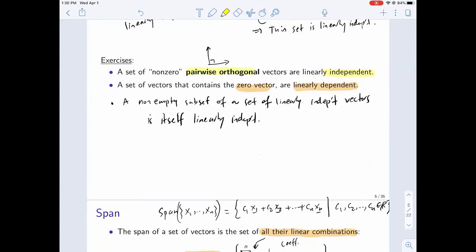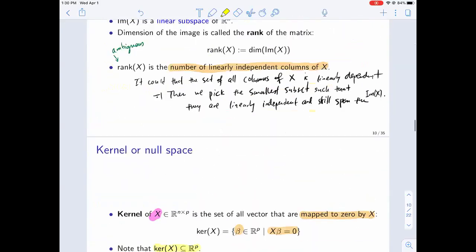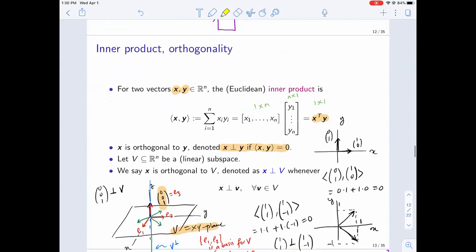So I was talking about linear independence, but I didn't talk about orthogonality. So now we define orthogonality. We know what two vectors being orthogonal means. Being orthogonal means that the inner product is 0.